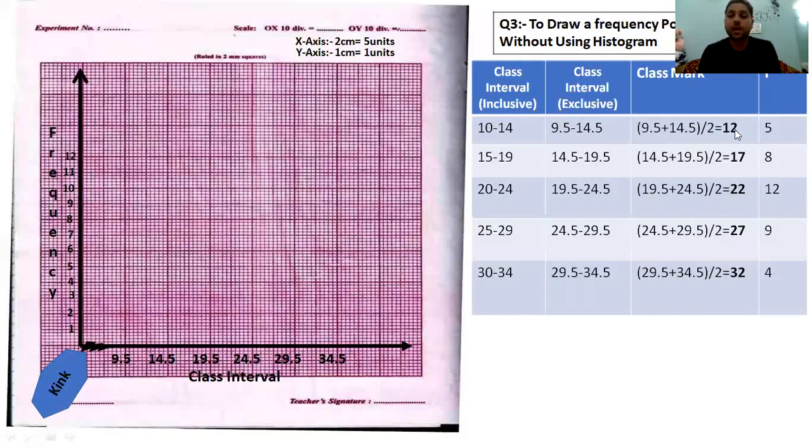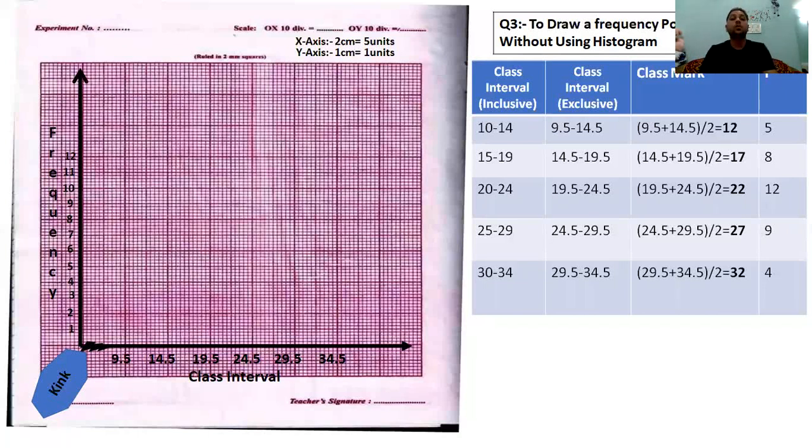So we have class marks 12, 17, 22, 27, and 32. These numbers are the central points of the given numbers. So we have 12 here, then 17, then 22, then 27, and last 32.